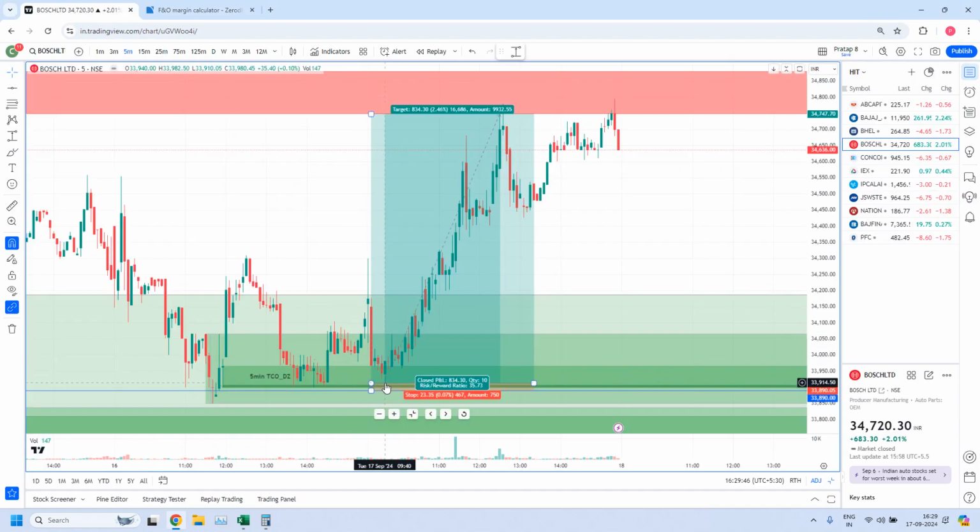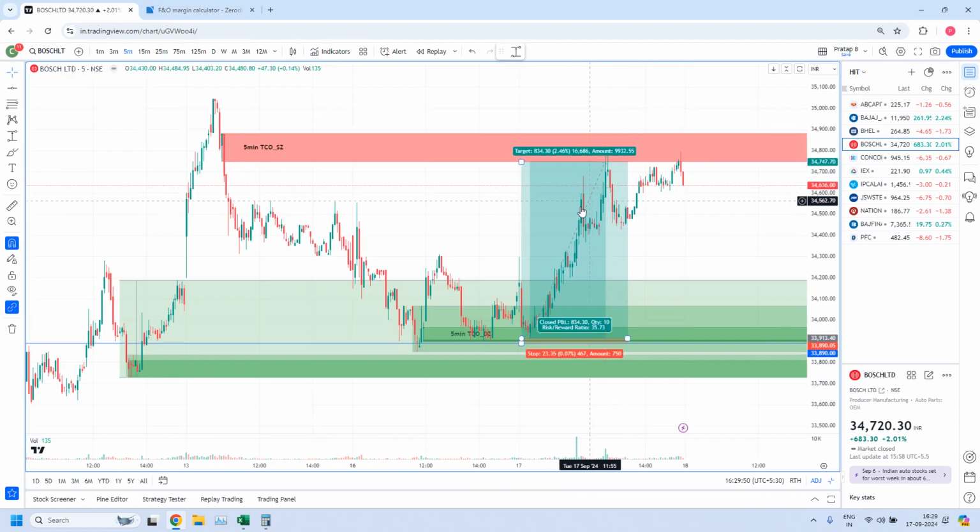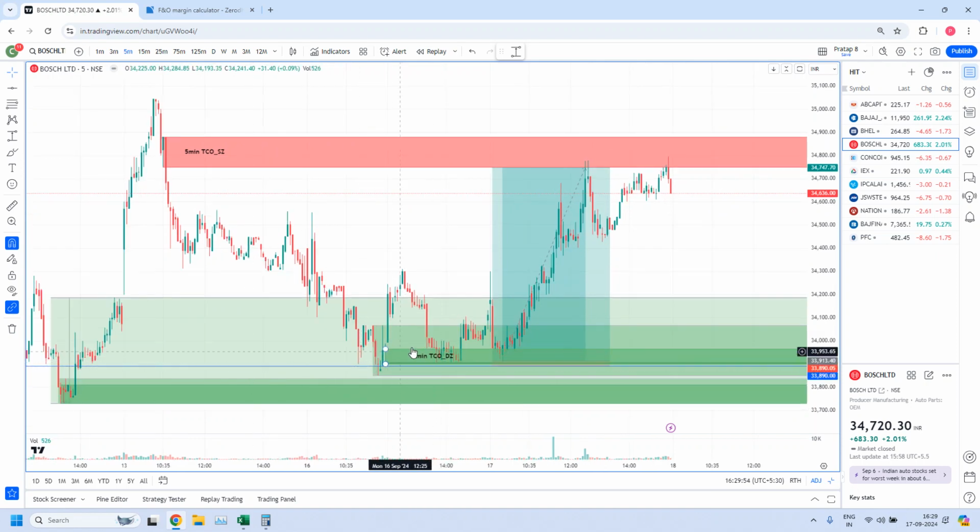Those who took the trade here and carried till this 5 minutes TCO zone, target zone. Software also suggested the same. Software suggested this 5-minute zone is the entry and this 5-minute zone is the target. I already posted the report at our Telegram channel. Please look into the Telegram channel, the software generated report.